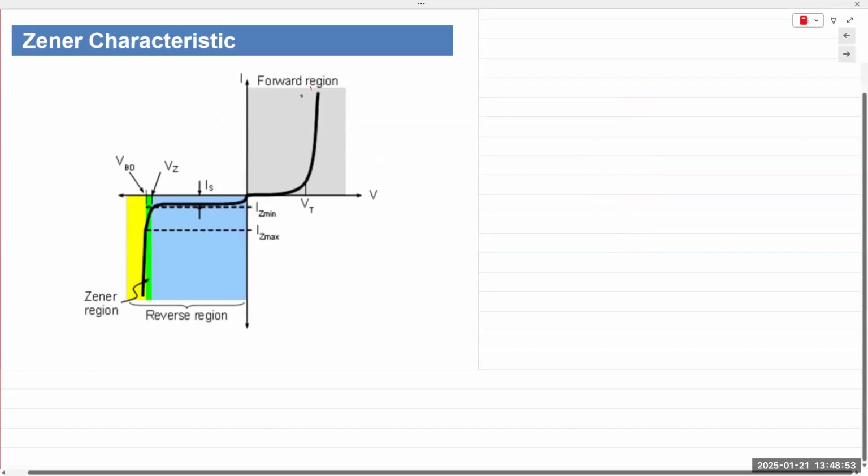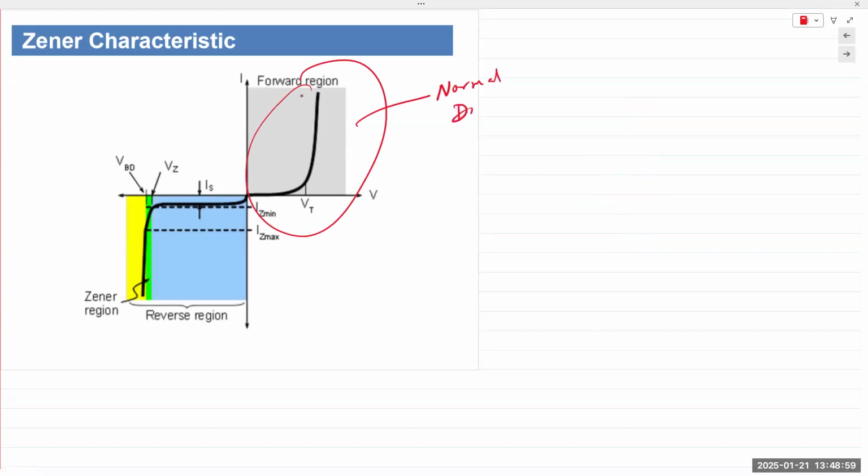So this is the forward active region for a diode. Normal diode characteristics. In the forward bias, the diode will turn on after a certain point. For silicon, it's about 0.6 or 0.7 volts.